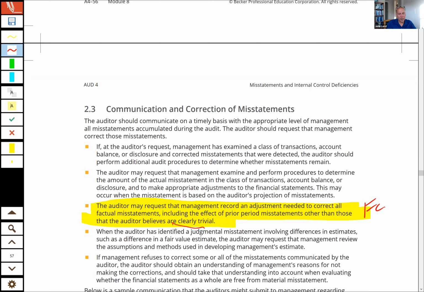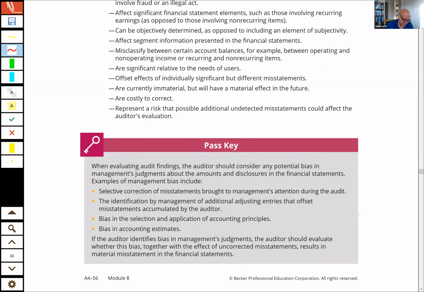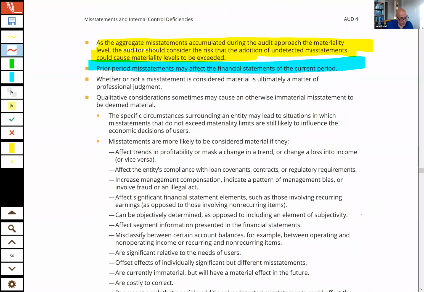We didn't think we had a tolerable misstatement, but I'm going to ask them to fix that $4,900 one. Now, if it was a 2-cent error, maybe that falls into the trivial and I say, just let it go. Who cares, right? But trivial is a tricky, scary thing for me, because it's trivial today. Will it be trivial 10 years from now when they keep making that mistake over and over again?